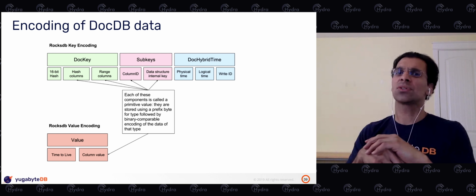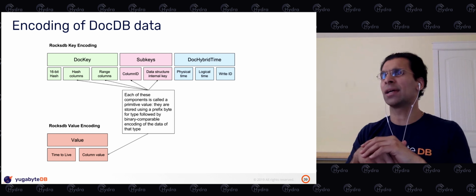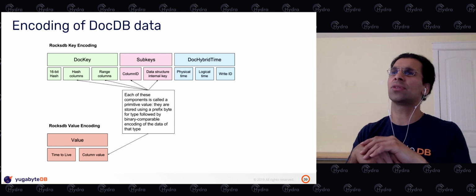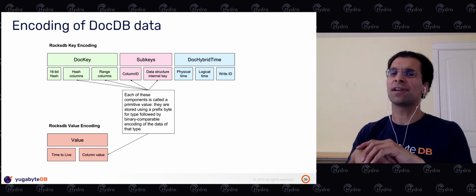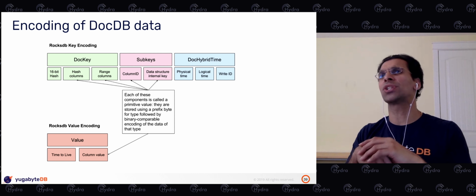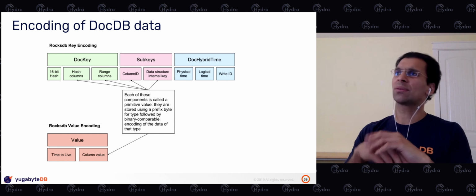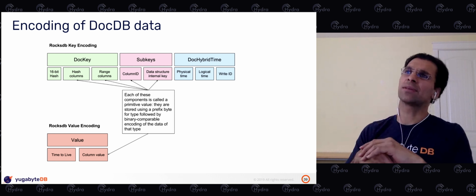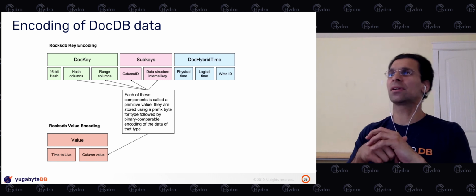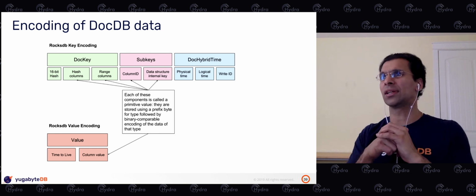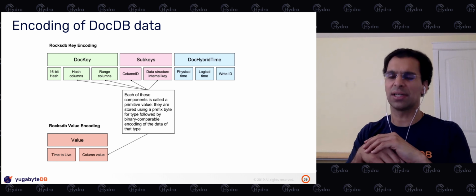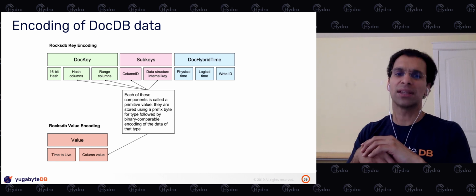And finally, we also store the hybrid time, and we'll talk about why it uses hybrid logical clocks, but effectively it is the timestamp at which this update was written, so that when a scan process comes in and wants to read data at a particular timestamp, it knows whether it needs to ignore this value or retain this value, right? Because what time this key was written is important.